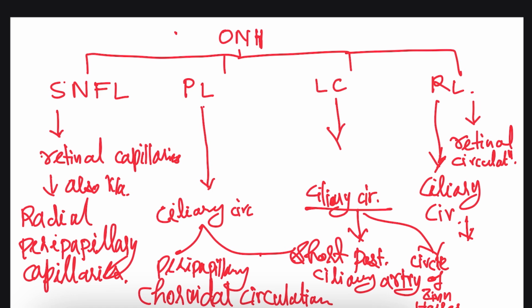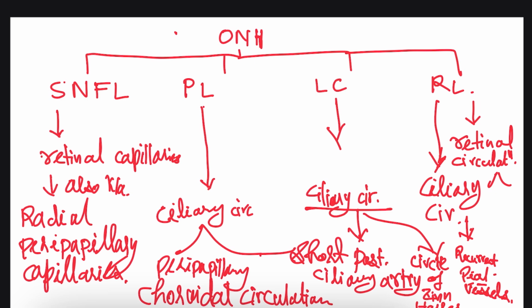The retrolaminar region comes from the recurrent pial vessels, and the retinal circulation is divided into the centripetal and the centrifugal part of the central retinal artery, and the centripetal branches are derived from the pial vessels, only the pial vessels, not the recurrent pial vessels.